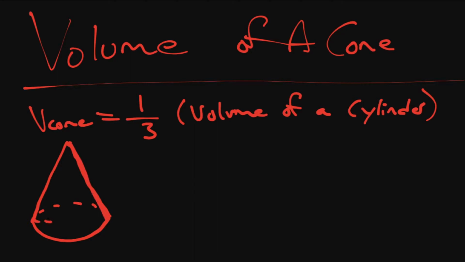Let's say I have a diameter of the circle at the bottom to be 10 centimeters and a slant height of 8. And then I ask for the volume of the cone right off the bat. I have this formula, but what do I do with it?